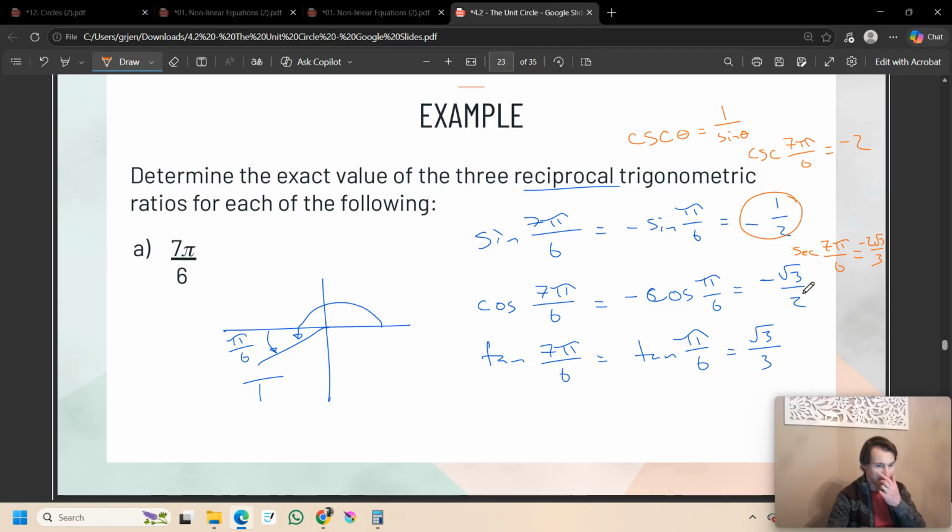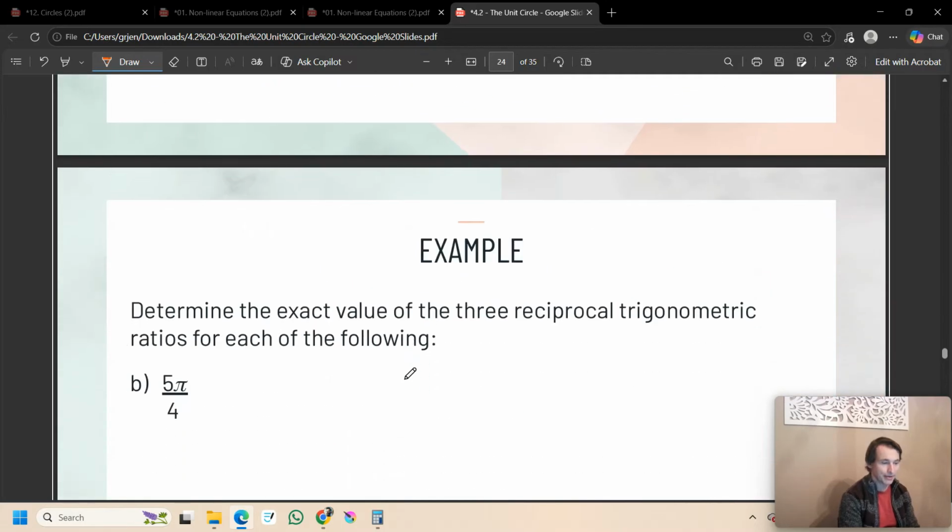Sorry for cramping that, but I just flipped that and then rationalized the denominator. And then this one, the great news is that cotan of 7 pi on 6 was already rationalized, it's just equal to root 3. And there's those. All right.